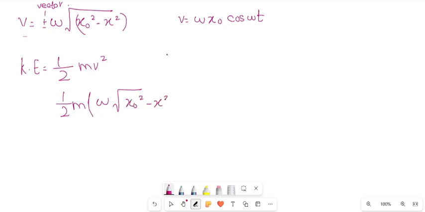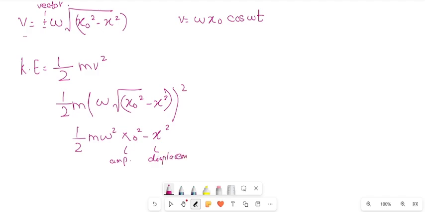You can remove the plus minus because it's just to show that it can be positive or negative. Then when you take the square, you get 1 by 2 m omega square (x naught square minus x square). I hope you know x naught is the amplitude and x is the displacement. Amplitude is the maximum displacement that it travels.